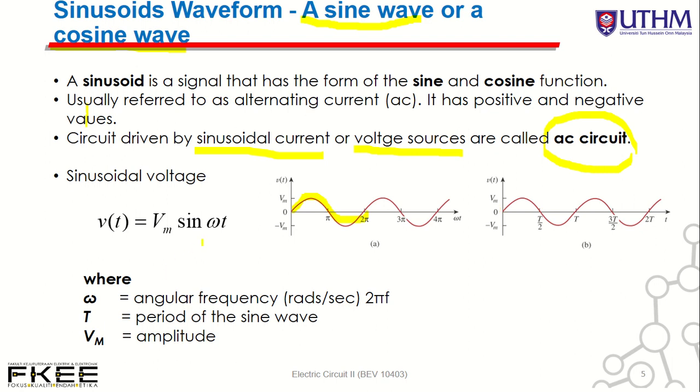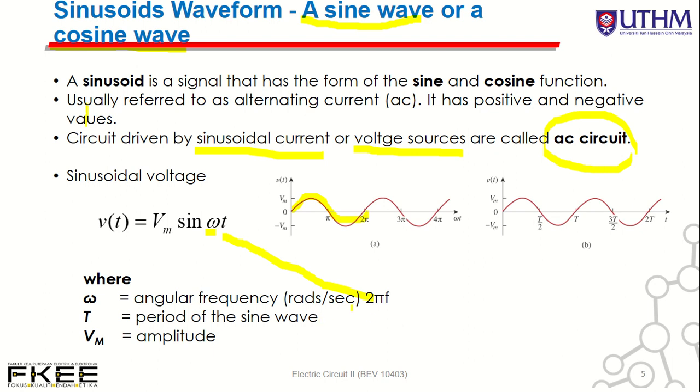Okay, what is omega in this case? Omega equal to angular frequency. Angular frequency unit radian per second, or this omega equal to 2 pi f. Okay, in this case f equal to frequency, or equal to 1 over period. Okay, T equal to period of the sine wave.